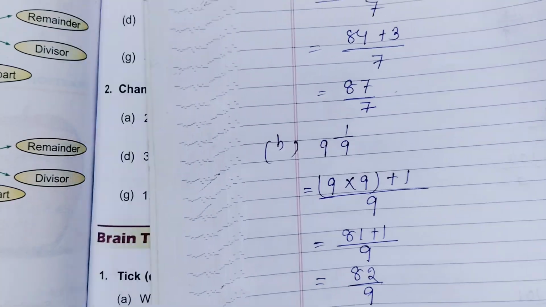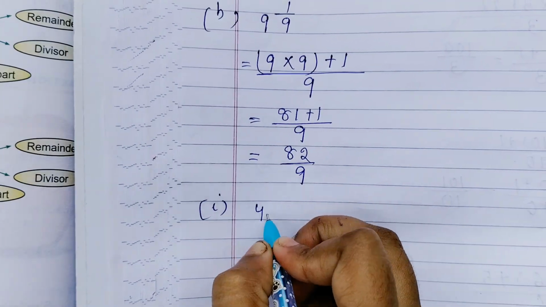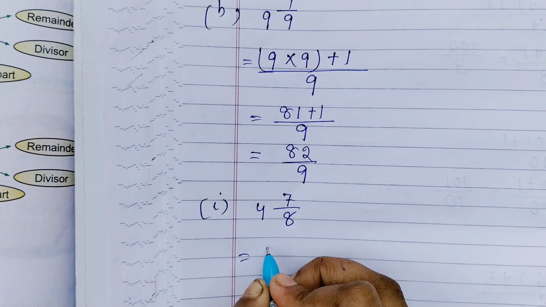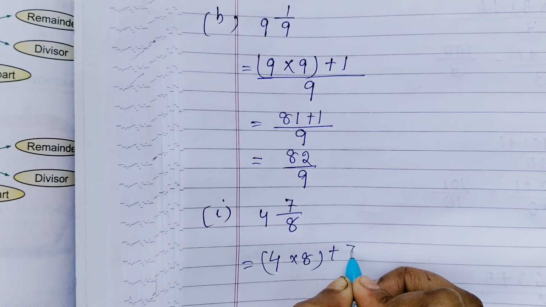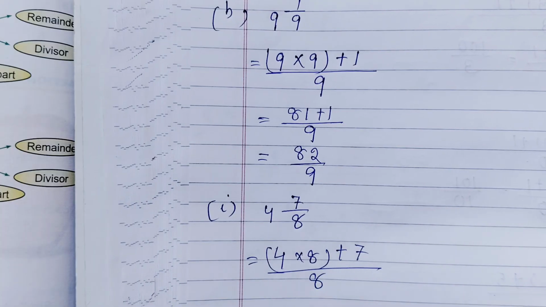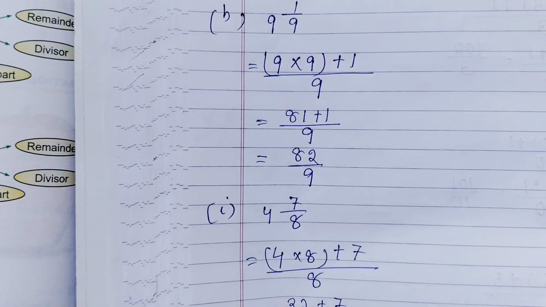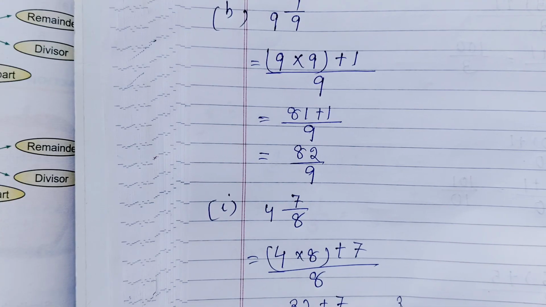Then another, I. 4 whole of 7 by 8. First I write the natural number part. Natural number part is 4 into denominator 8 plus numerator 7 by 8. 4 8s are 32 plus 7 by 8. 32 plus 7 equals 39. 39 by 8.